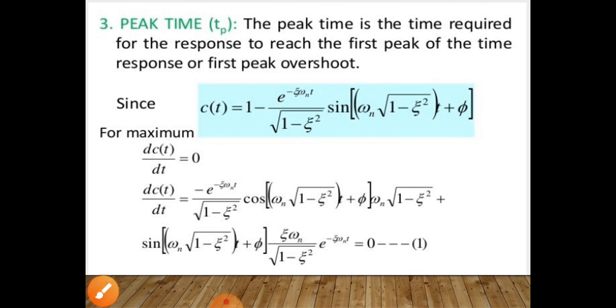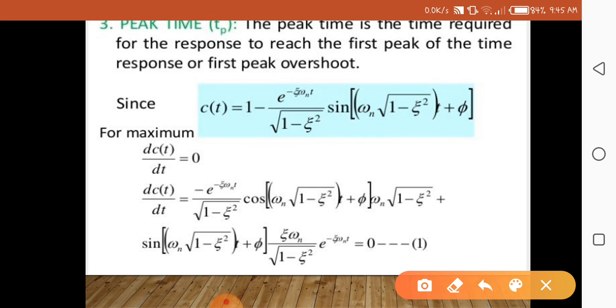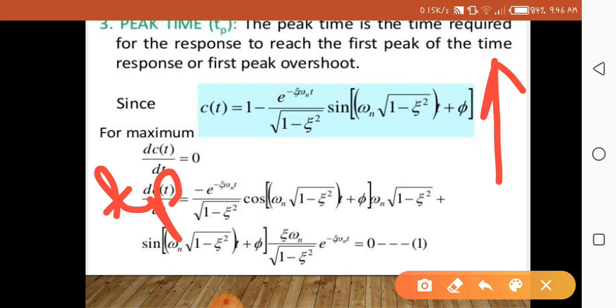Next, peak time. Peak time is represented as Tp. The peak time is the time required for the response to reach the first peak of the time response. The peak point is always the highest point of the response.